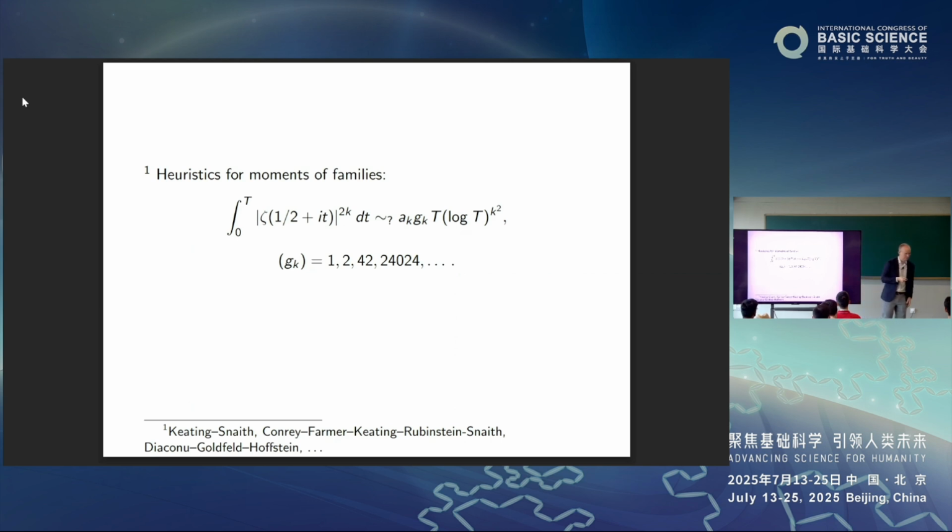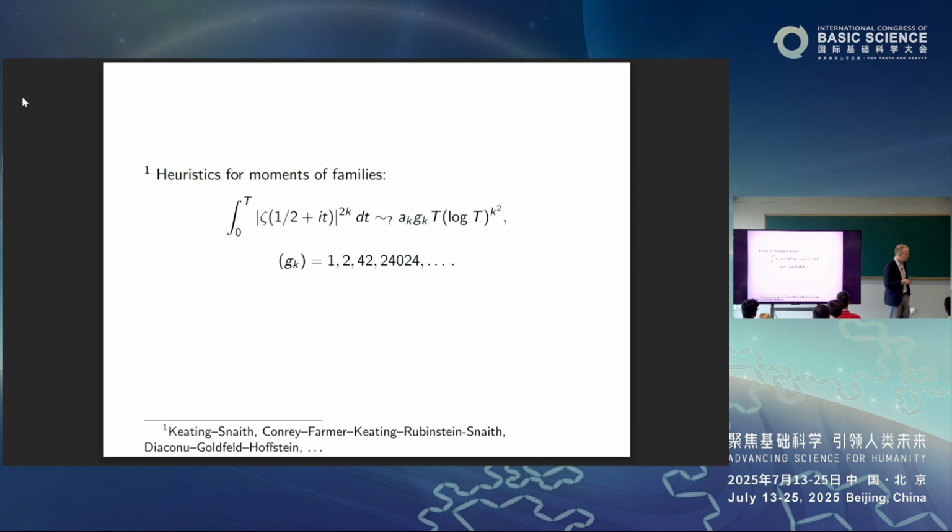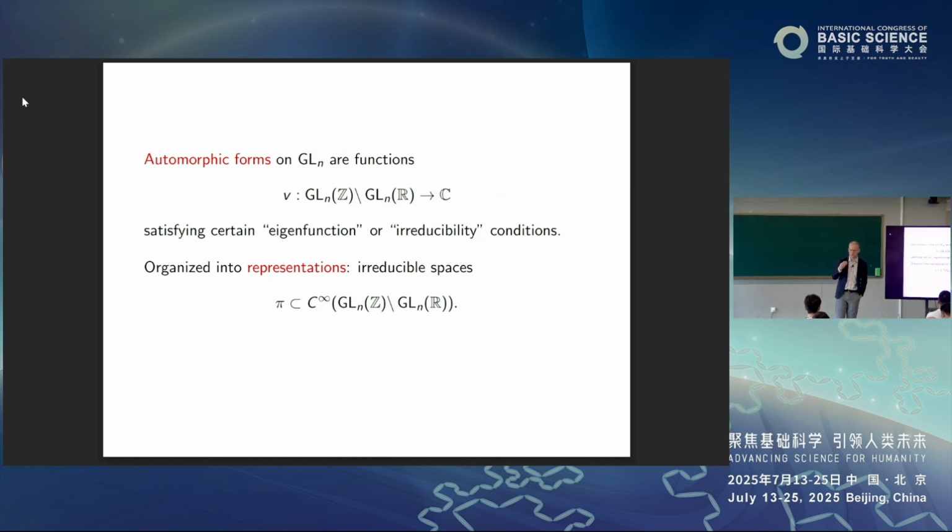So again, just setting the stage, there's been a lot of interest in understanding moments of the zeta function and L functions. Now, I said that all L functions come from automorphic forms on GL_N. Just to add a little more detail to the mechanism there: an automorphic form on GL_N is something like a function on a quotient G mod gamma, satisfying some eigenfunction or irreducibility conditions.